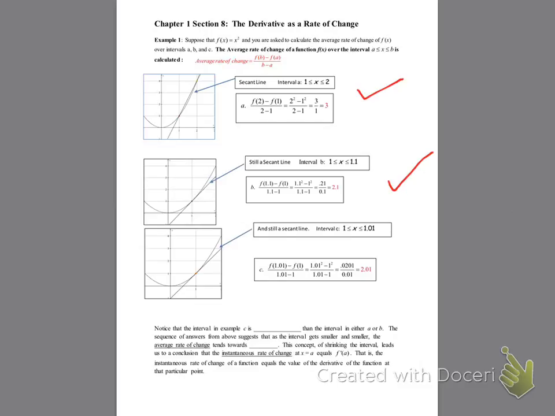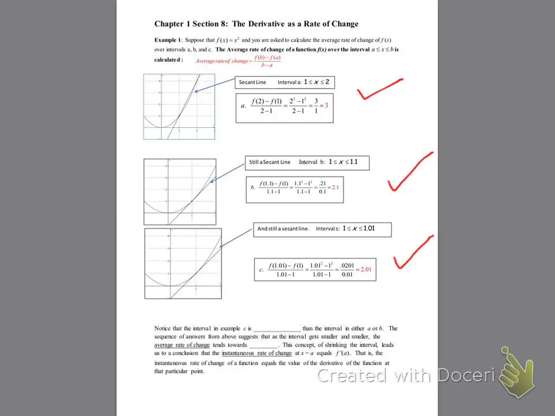Connect those coordinate pairs with a secant line and find that slope, and that will give you the rate of change. And one last time, we're going to do it with values that are even closer. Now they are 0.01 apart, but they're still 2 points on the function, so therefore they are connected with a secant line. So down below we have some things for you to fill in.